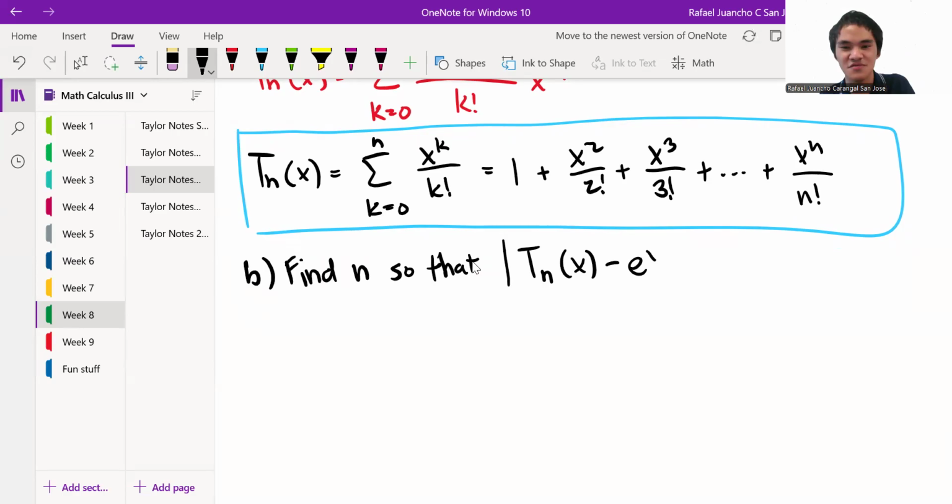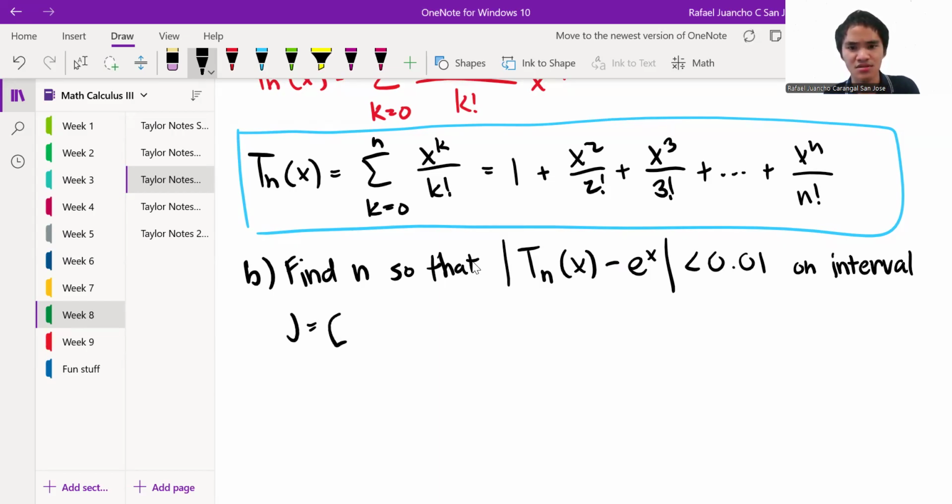Actually, it's the same thing if we think about it, right? Is less than 0.01 on some interval. This is -2 to 2. So how do we minimize that error? Or how do we get the error bound, right?